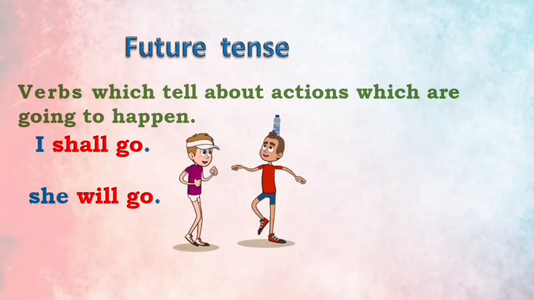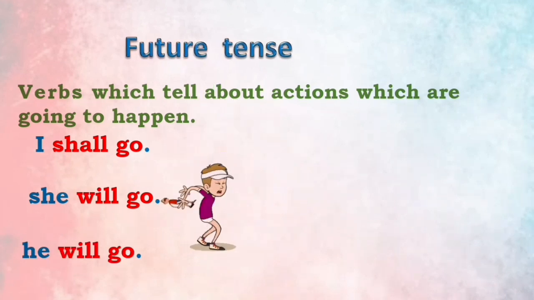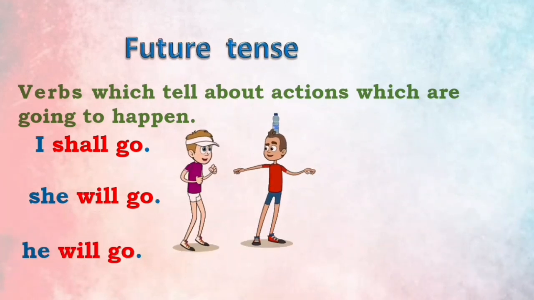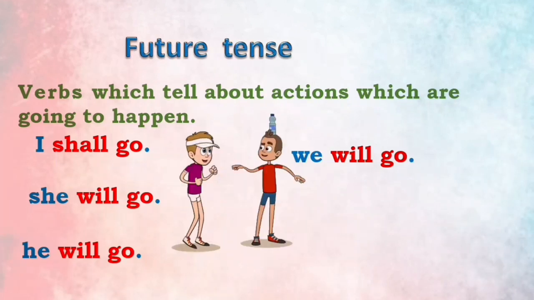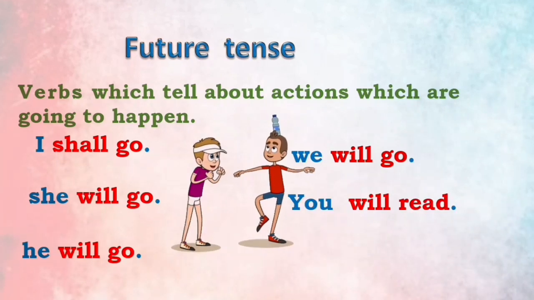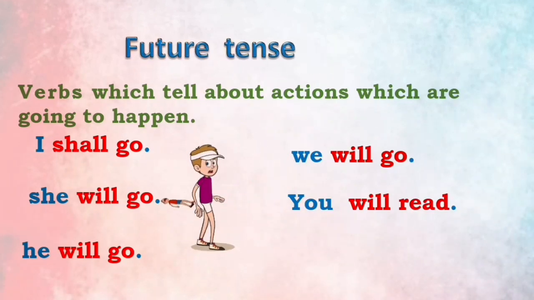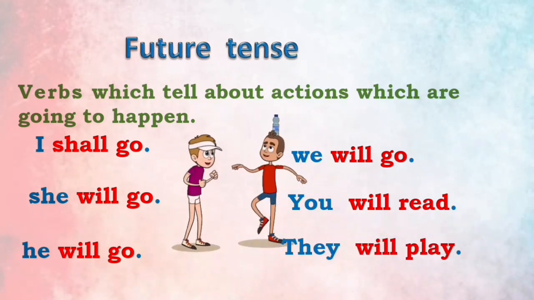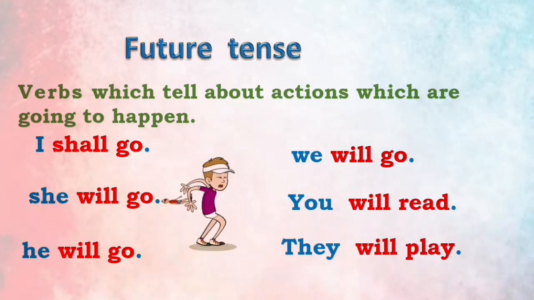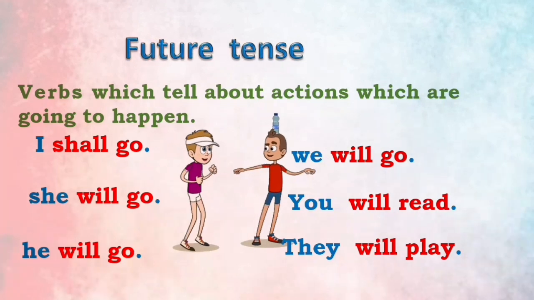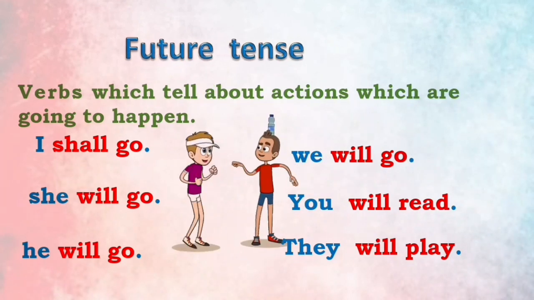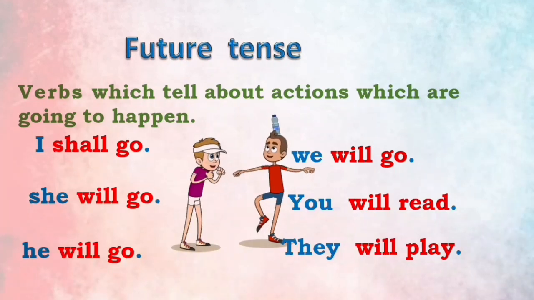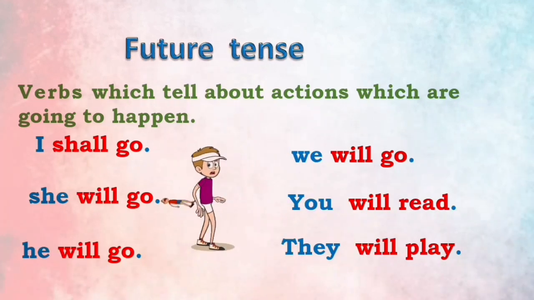I shall go, she will go, he will go, we will go, you will read, they will play. Here the word will represents the future time; the verbs are in the present form, but the will tells us the action is going to happen in the future.